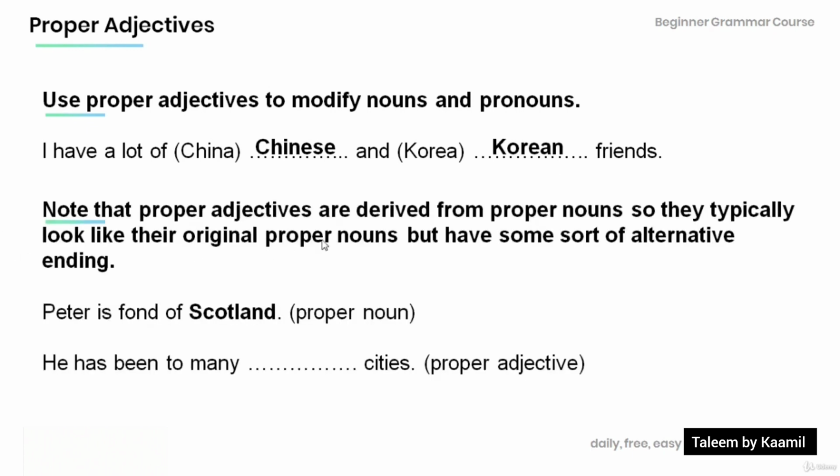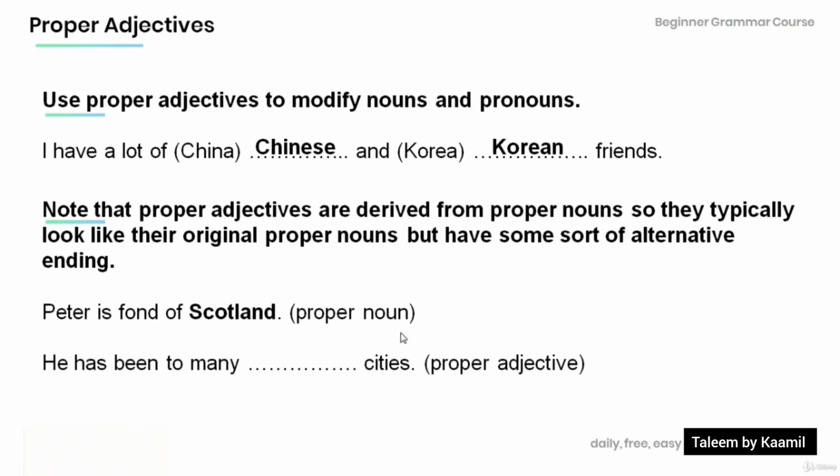Note that proper adjectives are derived from proper nouns, and so they typically look like their original proper nouns, but have some sort of alternative ending. Read the following sentence and fill in the blank using the appropriate proper adjective. Peter is fond of Scotland.